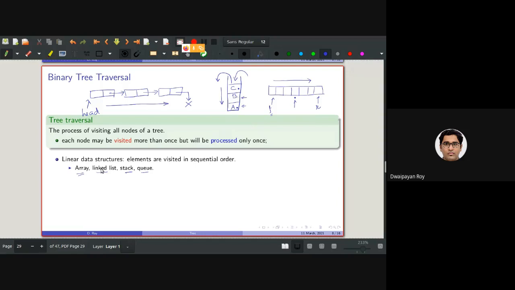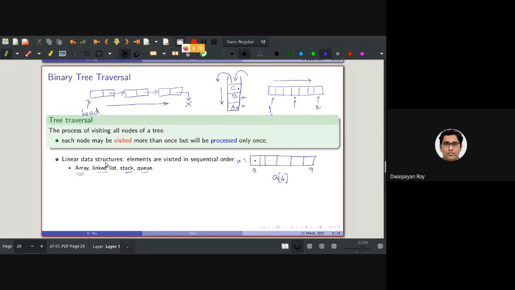Of course, an array is a linear data structure and elements are visited sequentially. But we know that we can access the intermediate ones as well. Like if there are 10 items and I want to access the fifth element, I can access it by A4, isn't it?